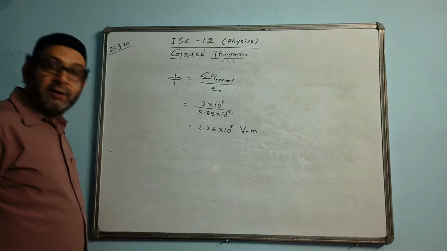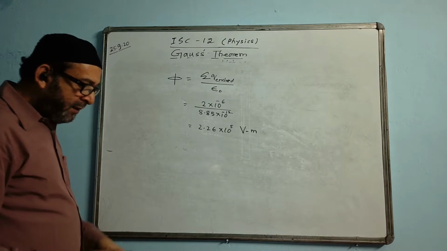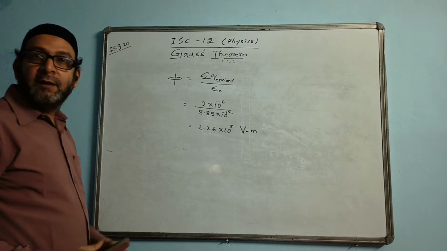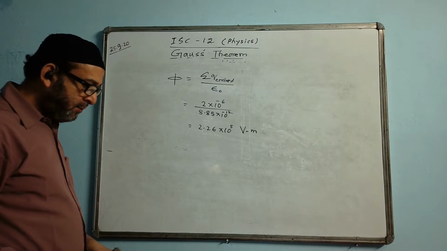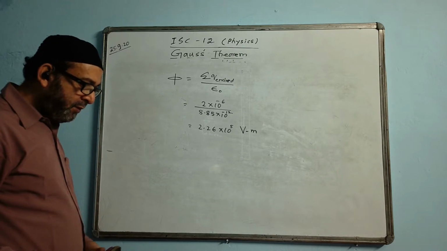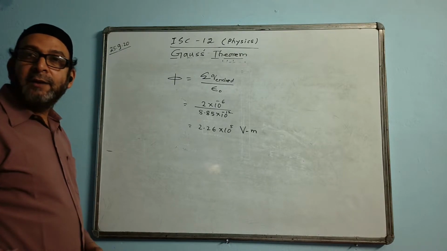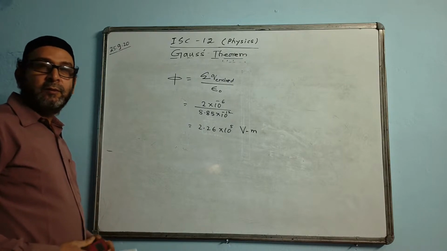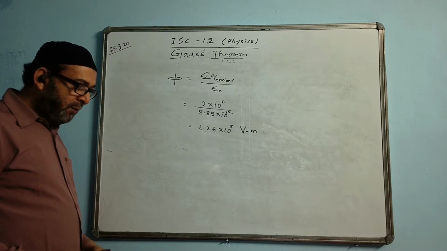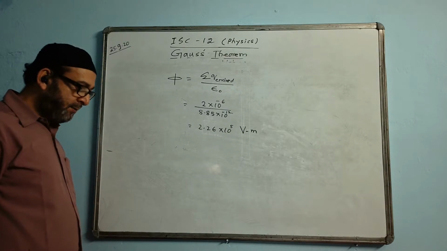An infinite line charge produces a field of 9 into 10 to the power of 4 Newton per coulomb at a distance of 2 centimeter.